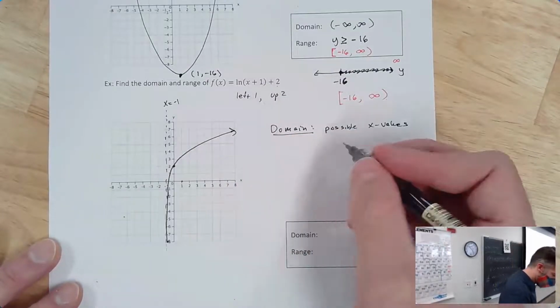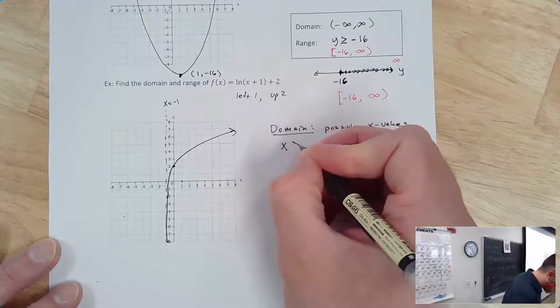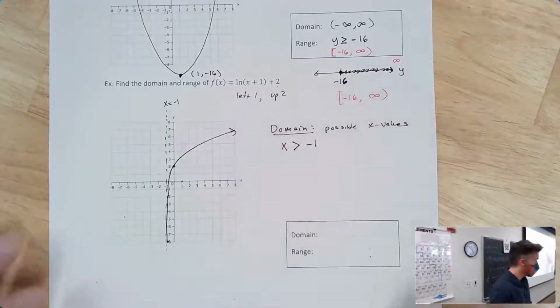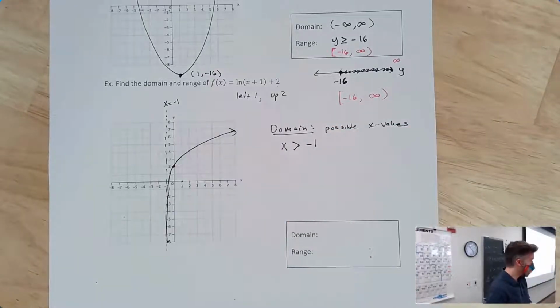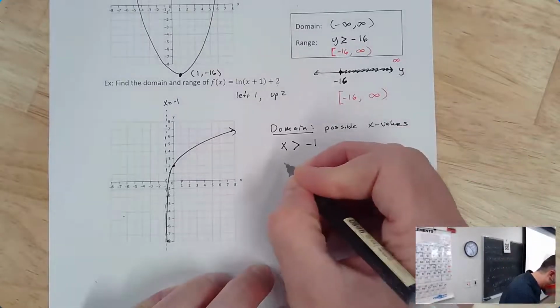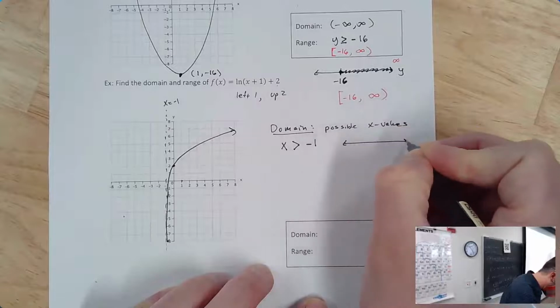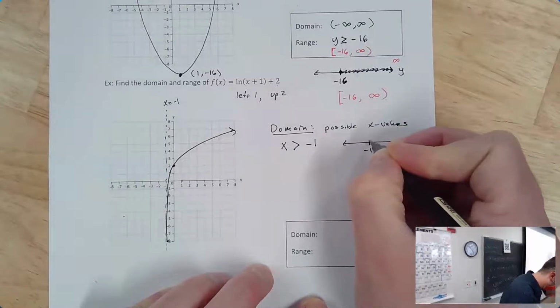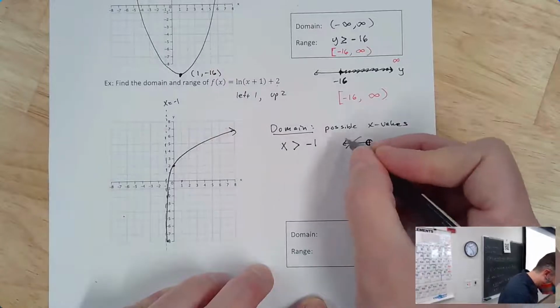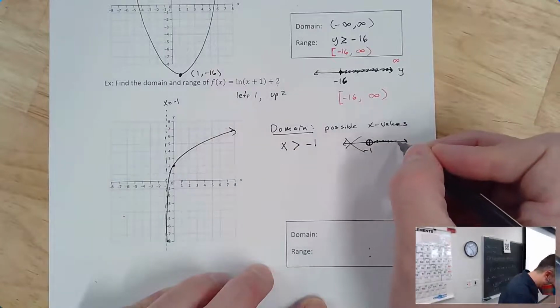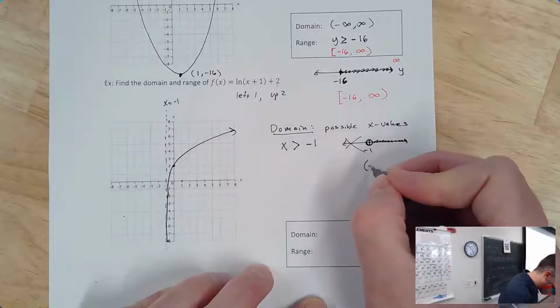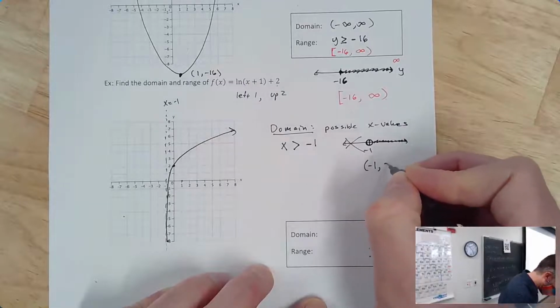So we can see for sure that x has to be bigger than negative 1. Or in the interval notation, right? Actually, let's draw the picture before I start talking about the interval notation. If negative 1 is the point of we don't want that and we don't want anything over here, we want all of this. So we want everything from negative 1 not included up to infinity.